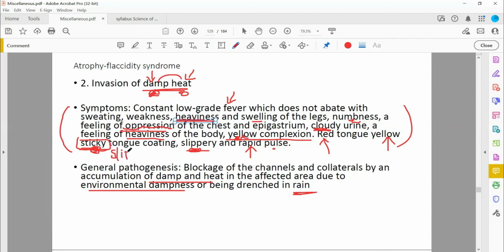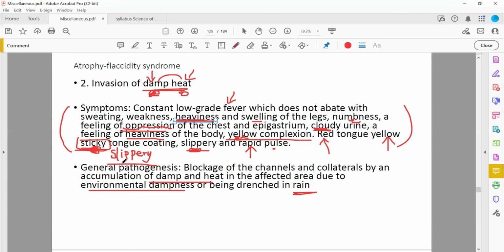You can use slippery. Sticky is kind of slippery. Slippery, that's the dampness. Sometimes I use glossy, but glossy is not a good word. Mostly use sticky or slippery. Sticky, very sticky. We know dampness is very sticky.